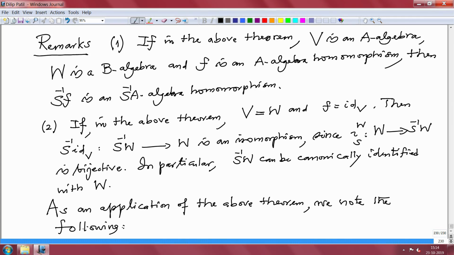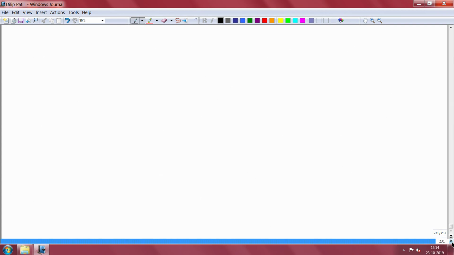So let me repeat some of the assumptions. Okay, what are the assumptions? Let A be a ring. Let S contained in A be a multiplicatively closed set.